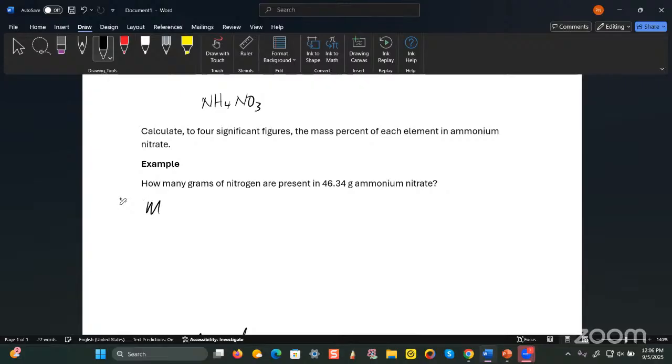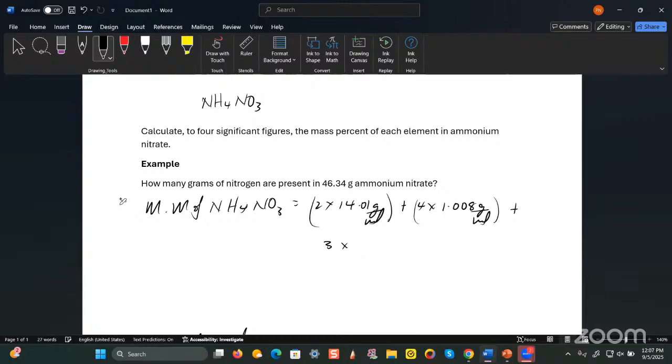So molar mass of NH4NO3 is equal to 2 times the molar mass of nitrogen, which is 14.01 grams per mole, plus 4 times the molar mass of hydrogen, grams per mole, plus 3 times the molar mass of oxygen, which is 16.00 grams per mole, right? And then we add them up.